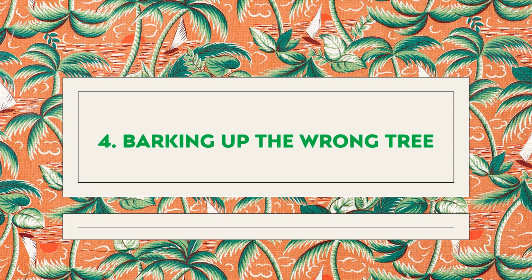What about the next idiom? Number 4 is "barking up the wrong tree." Are we talking about a tree with barking dogs around it? Why that for? Let's find out.